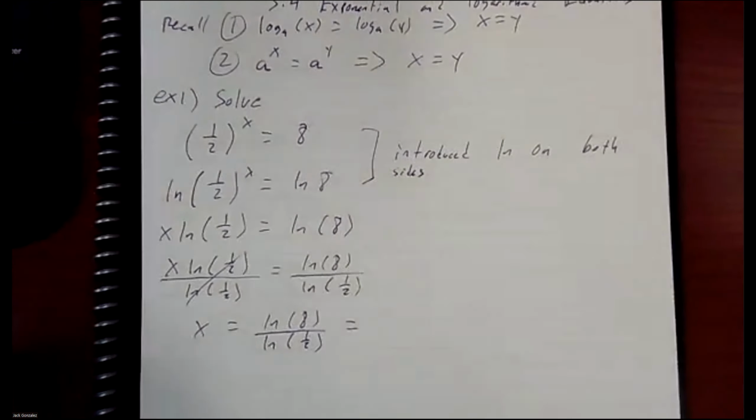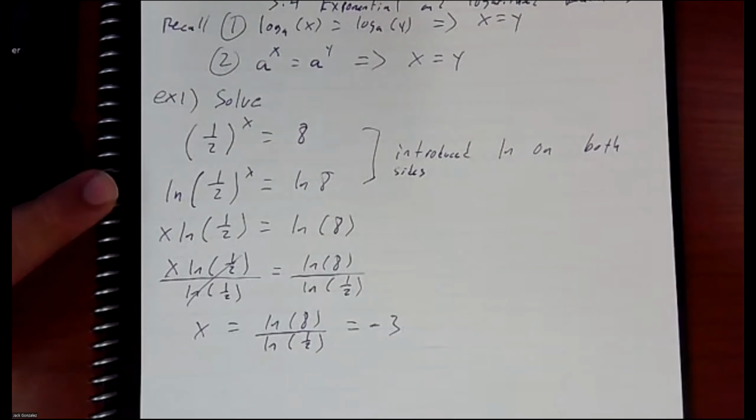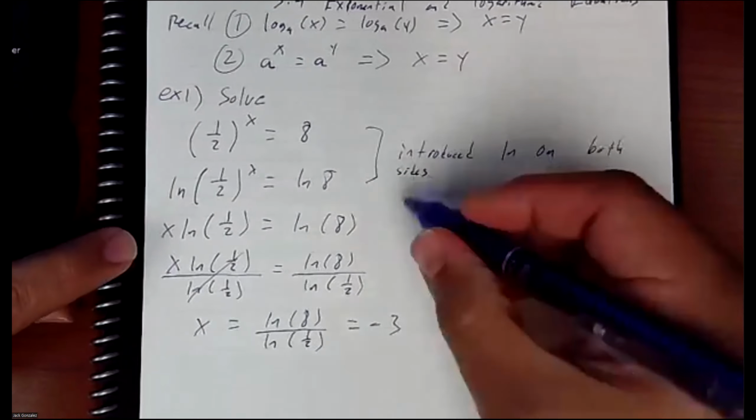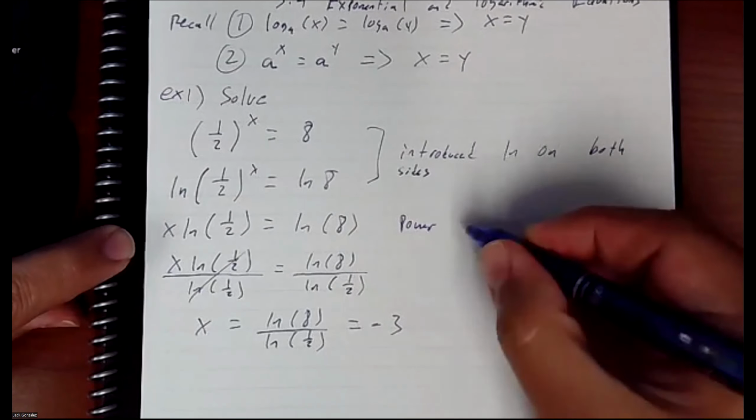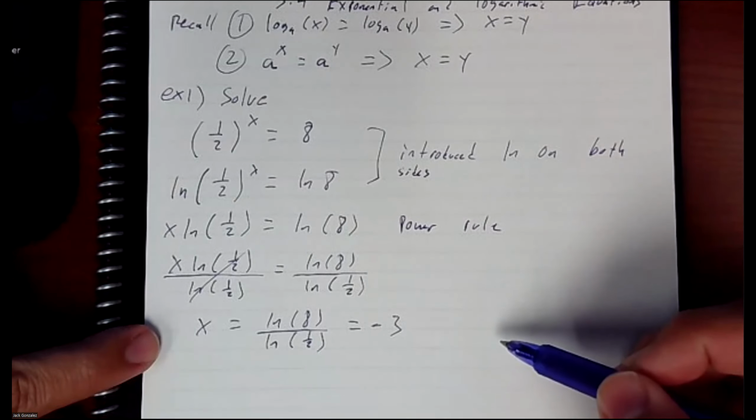So this is actually just -3. So I solved it using a log that I introduced. Then I did the power rule right here. Then I just did algebra to solve for x.